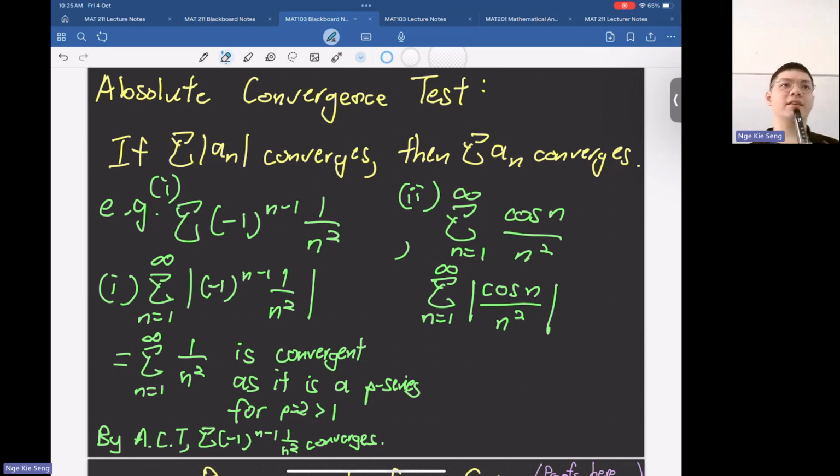And think. Think, don't look at me, think. Relate it to something that you know. No? It's quite close to 1 over n squared already. But can you relate them in any useful way?